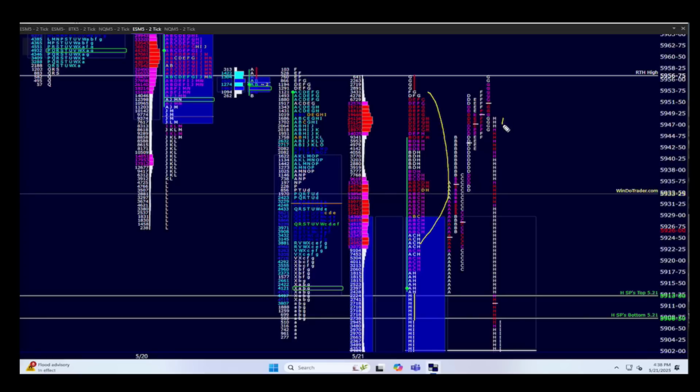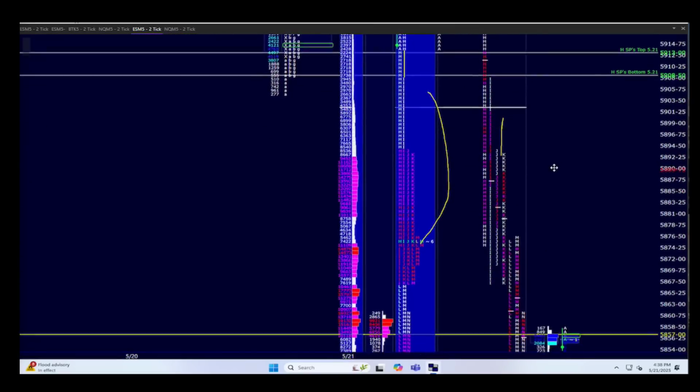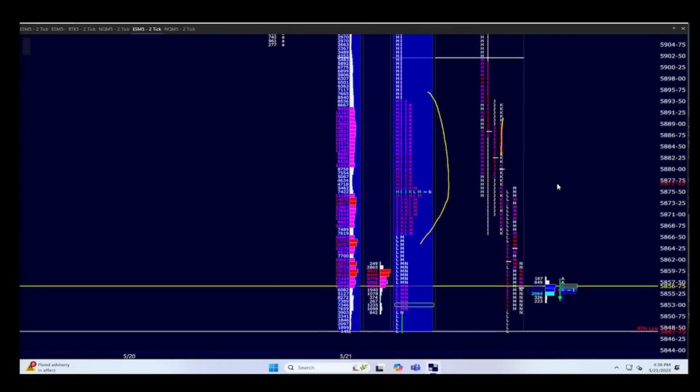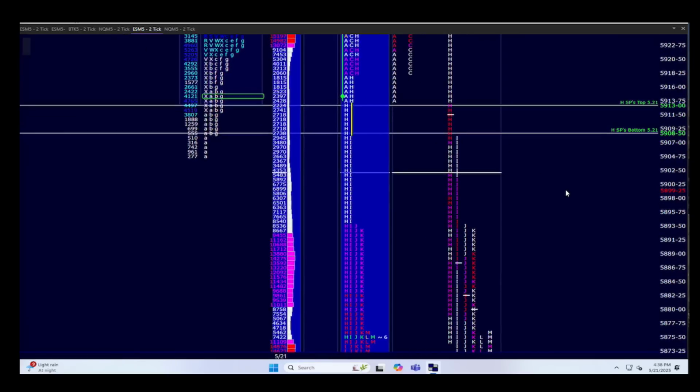And then H period, which is the 1 to 1:30, came in hard to the downside, and then the auction went lower. And so as long as buyers are not able to get back above the high of the single prints that were created today, that go to 59.13, that'd be the top of them, then rallies can be sold.